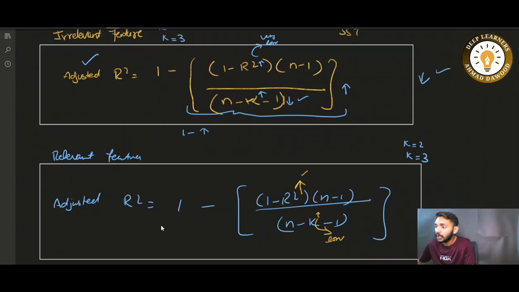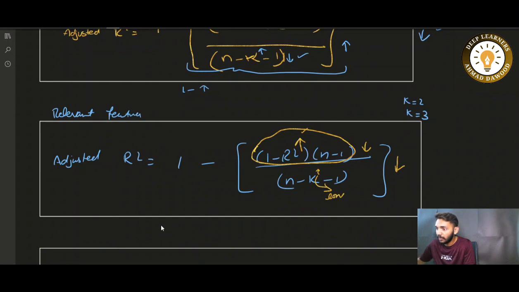Now if R square increases, then 1 minus R square, the upper term, will overall decrease. If this term decreases, the answer of the whole square bracket will decrease.